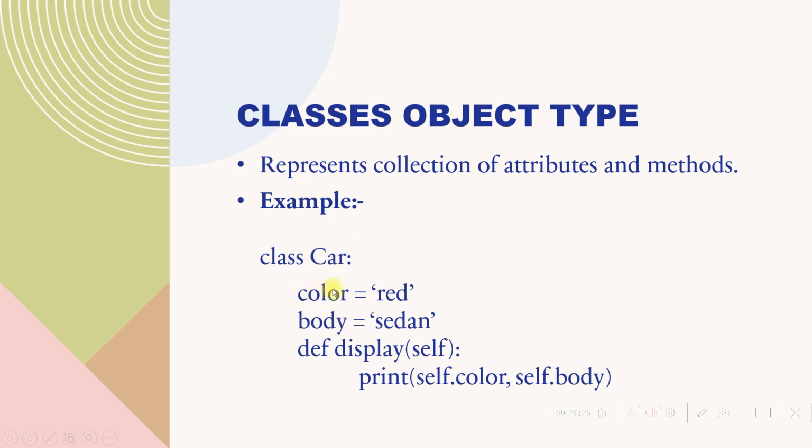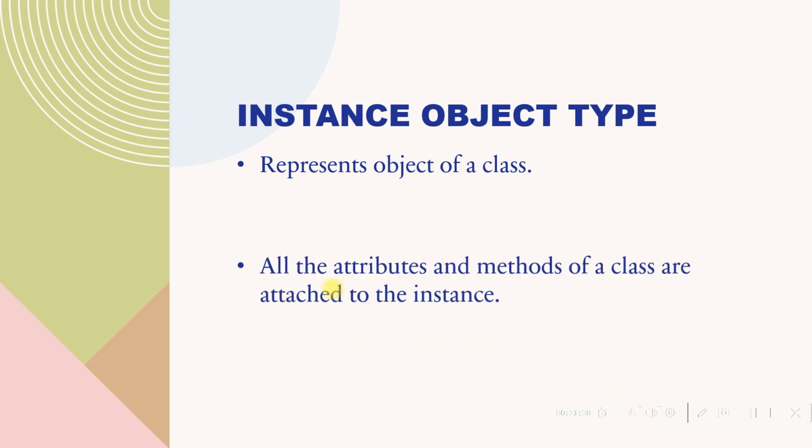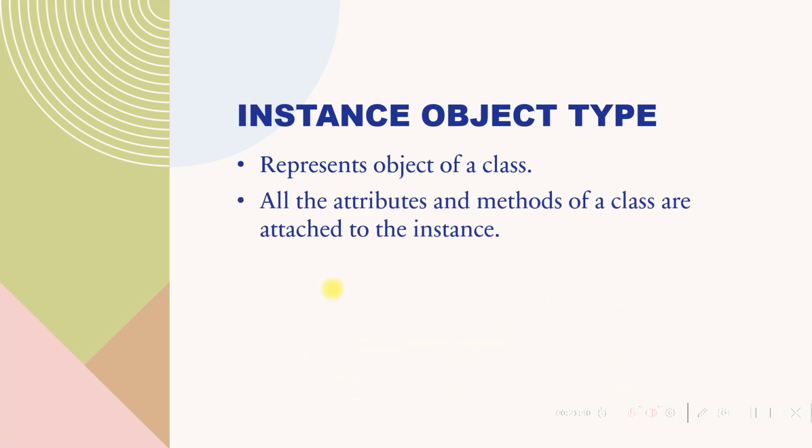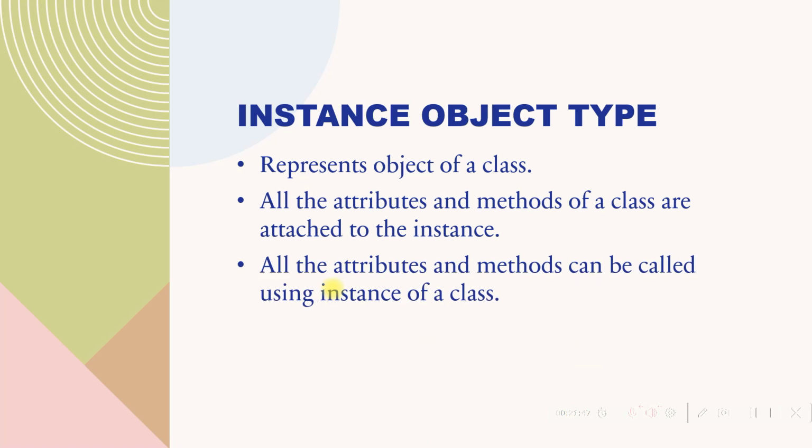We'll try to run this code in the next object type, that is the instance object type. Now this instance object type is used to represent the object of a class. All the methods and the attributes of a class are attached to the instance. So that means you can call the methods and attributes of a class using the instance, or the object, of a class.